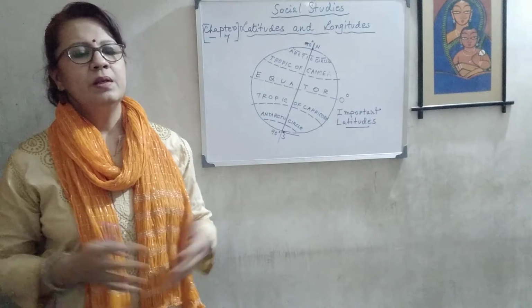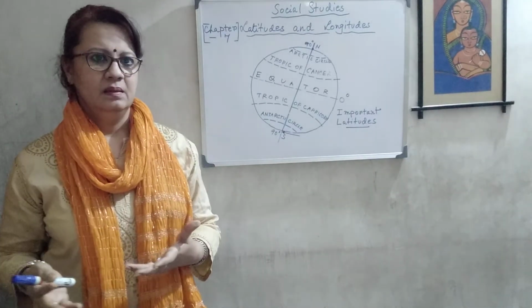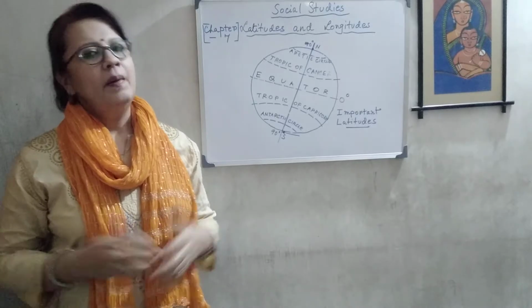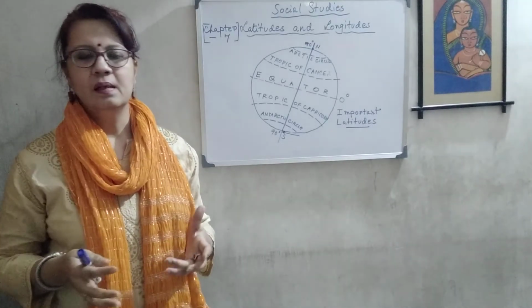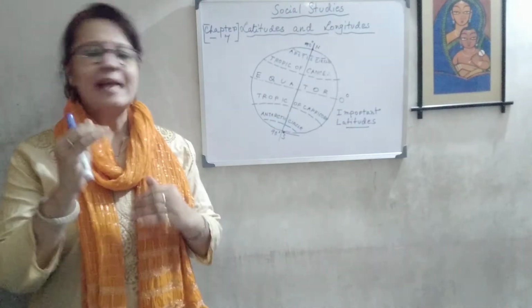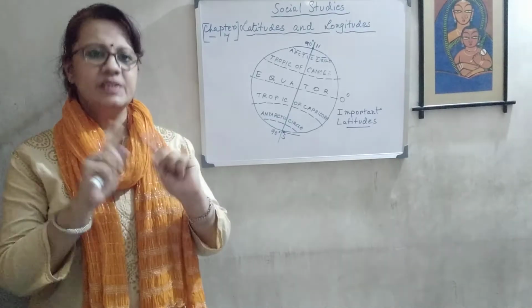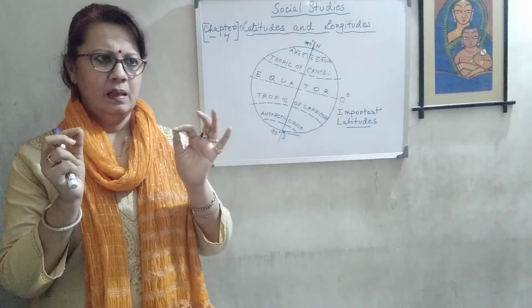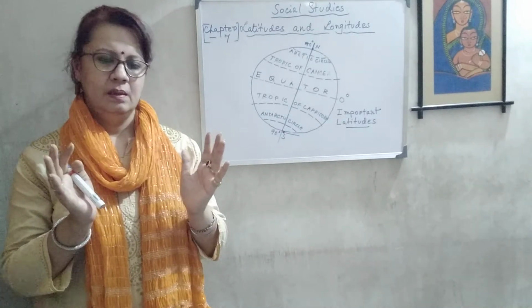Okay. So we all know that we live on our mother earth. And our earth is spherical in shape. What is spherical? The meaning of spherical is it is slightly flattened at the top and bottom, and in the center there is a little bit of a bulge.